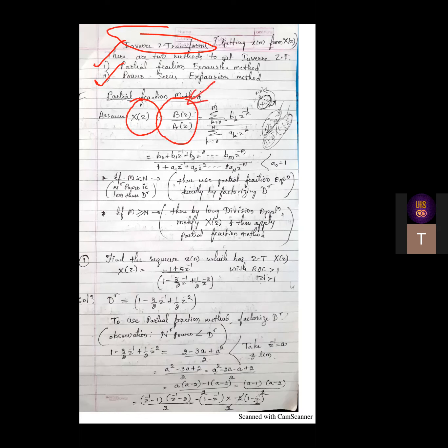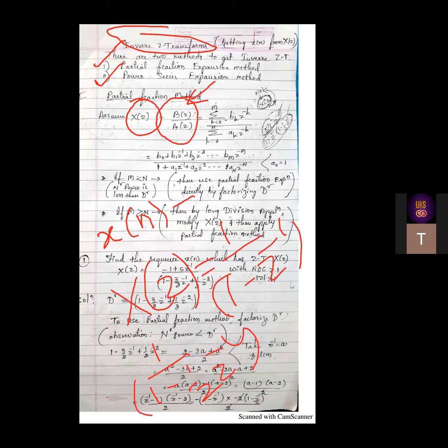If you remember, in a few of the previous problems, when x of n was given to you, we calculated x of z, and some x of z were like this: 1 by 1 minus z inverse, or 1 by 1 minus half z inverse, or 8 divided by something like this, some numerator divided by a denominator. So we are assuming x of z is of this form, a ratio, meaning it has a numerator and a denominator.